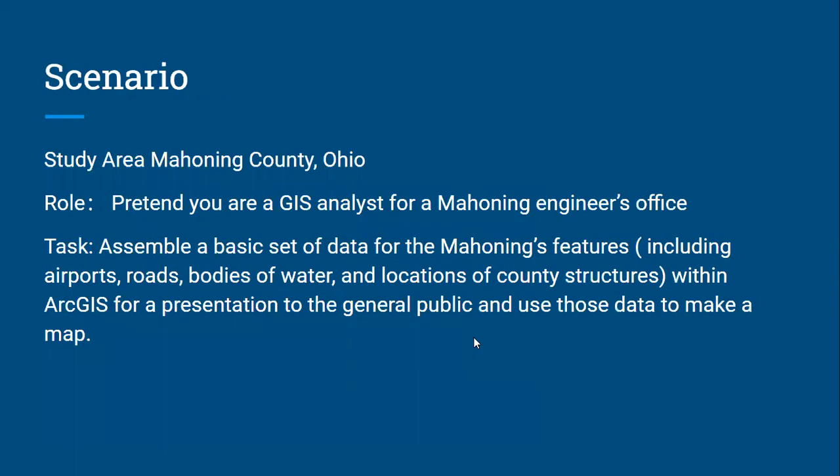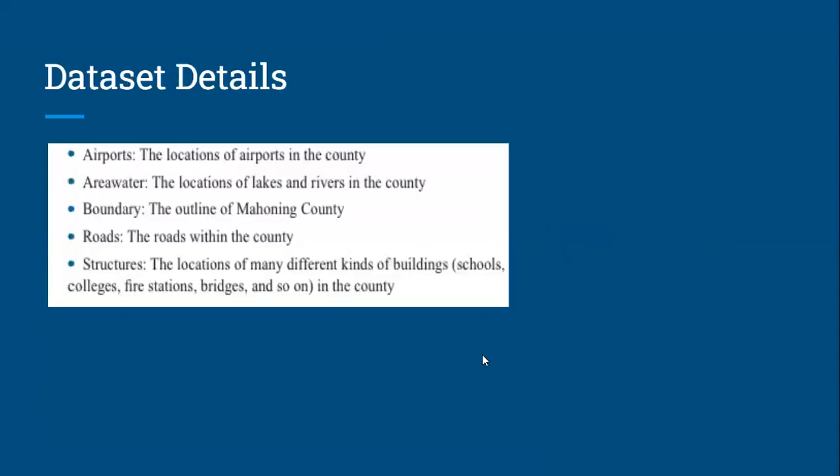Pretend that you're acting as a GIS analyst for the Mohawk County Engineer's Office, and the task is to give you a set of data for Mohawk features, and you can make a presentation to the general public in ArcGIS, make a map for it, and work out how to make the map look better.